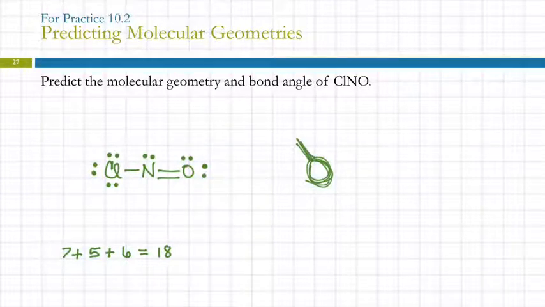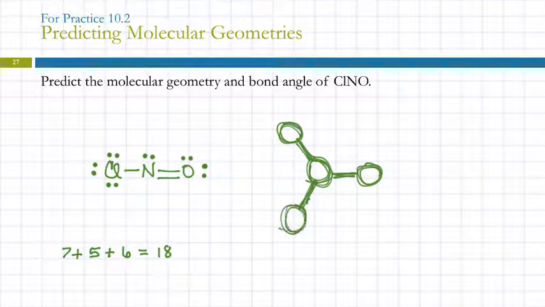So, how do 3 balloons get away from each other? They form a triangle, right? So 3 groups making a triangle like that. That would be the electron geometry, trigonal planar.